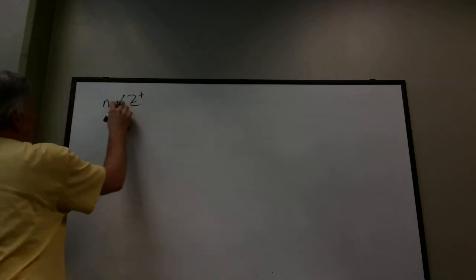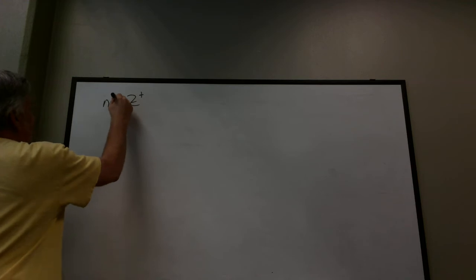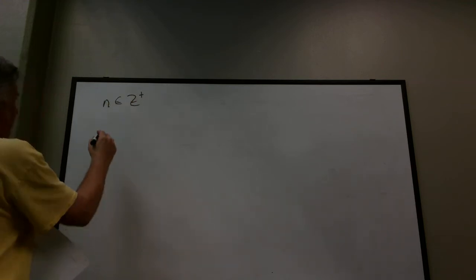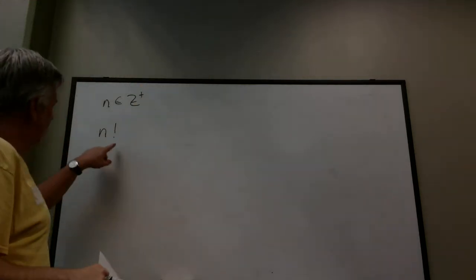Okay, now let me just shift gears for a second. Here's a definition you've probably seen in, say, a computer science class. If n is a positive integer, so n is an element of Z plus, that's what those symbols mean, we define the following: n factorial. You read that exclamation point not as n, but as n factorial.